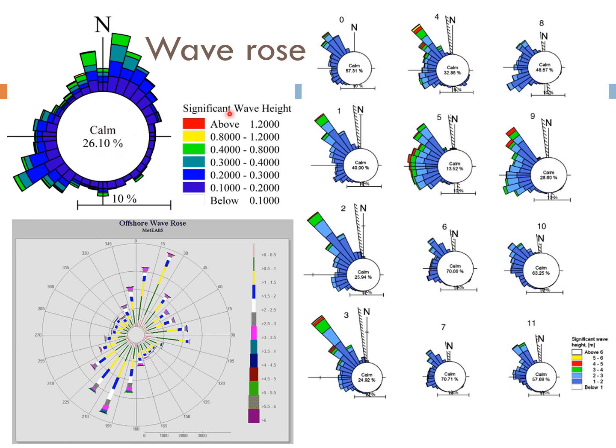Notice that there's a legend here where it says significant wave height. White color represents below 0.1 meter. So if the wave is less than 0.1 meter, that's very small, literally negligible, so we call that calm. So 26.1% of the time in this location the wave condition is calm.